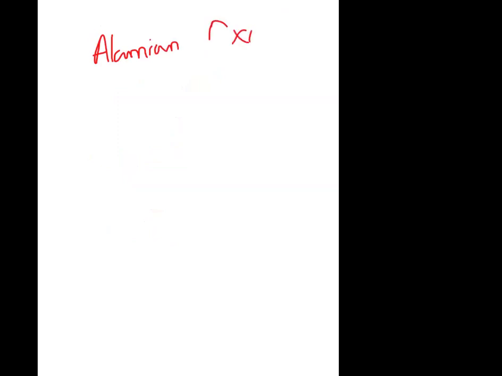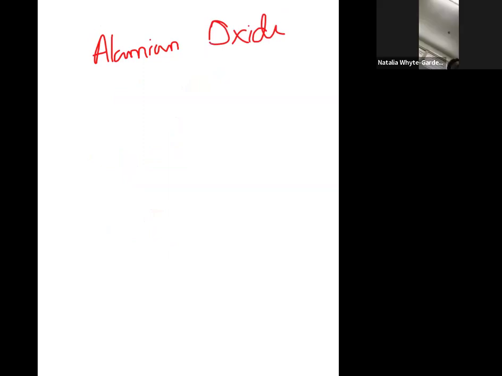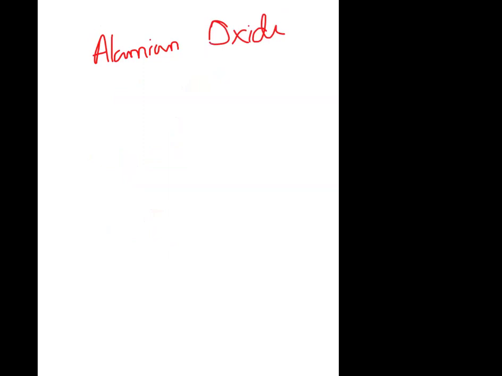Aluminum oxide, let's go quick and fast. Al. Aluminum is 3 plus. O is 2 minus. Good.